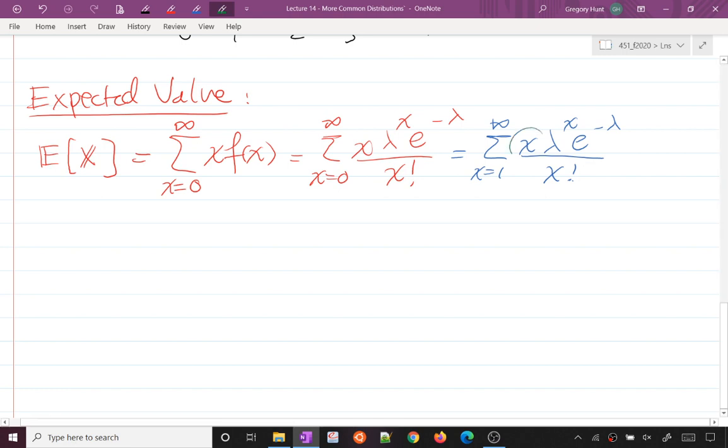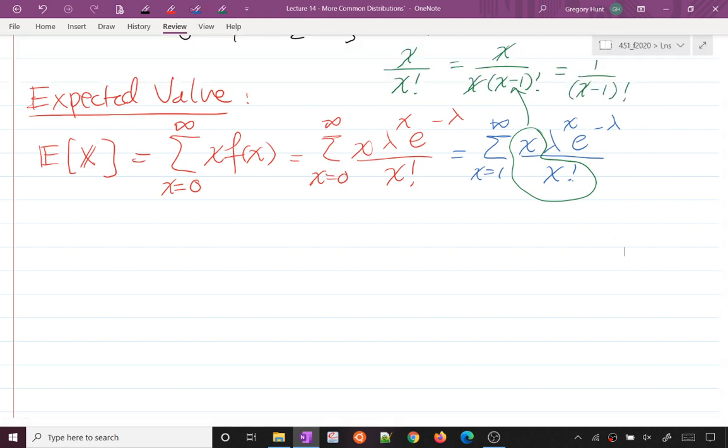Notice here I have an x over x factorial. Of course, x factorial we could write as x times x minus 1 factorial, and so I can get some cancellation. I could just write this as 1 over x minus 1 factorial.